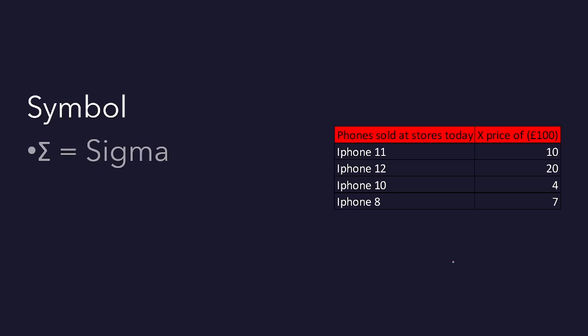Let's try this one. Sigma sign. Not that good. It would total all of these. It would take the sum of all of these, which is 41. So the sigma of x, the sum of x right here, would be this much money.